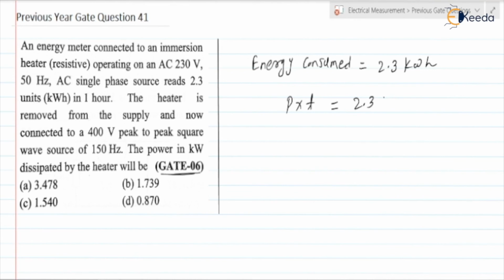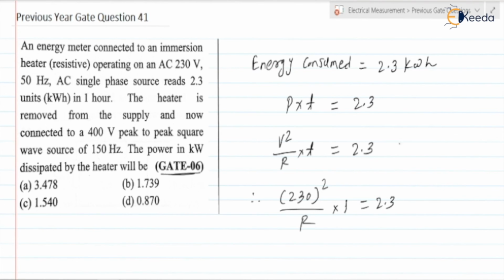Now if you check, power is P. As the load is resistive, we are having a resistive heater, power is V square by R. We can represent it as power V square by R into T is equal to 2.3. So what is V? It is 230 square, divided by R into time T, which is 1 hour, is equal to 2.3.